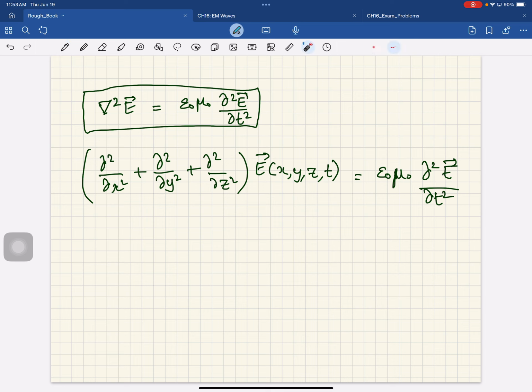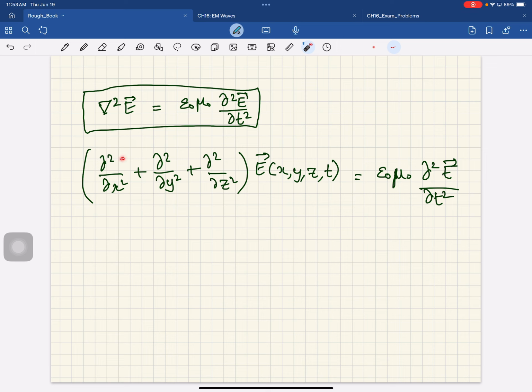And again, E is a function of x, y, z and t. So if electric fields exist in vacuum, they should satisfy this differential equation. By the way, this looks pretty messy. What this is relating is, see, these are all spatial derivatives.